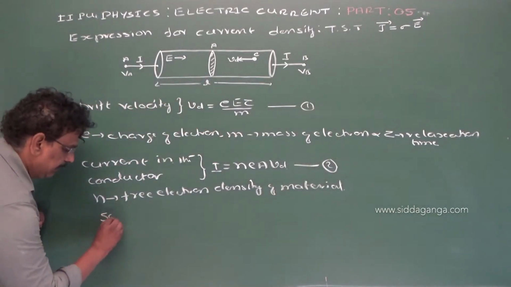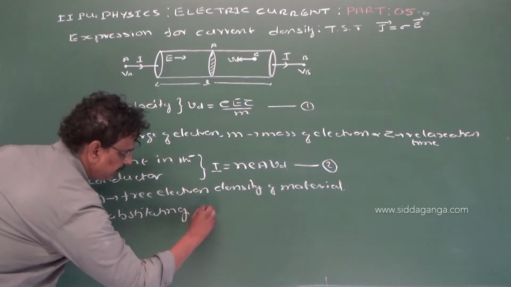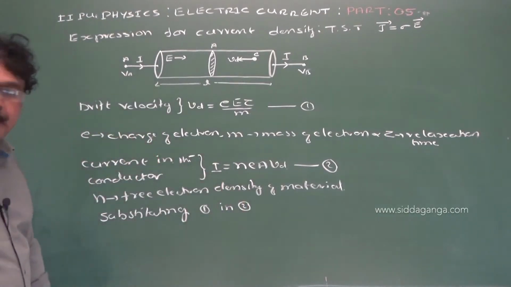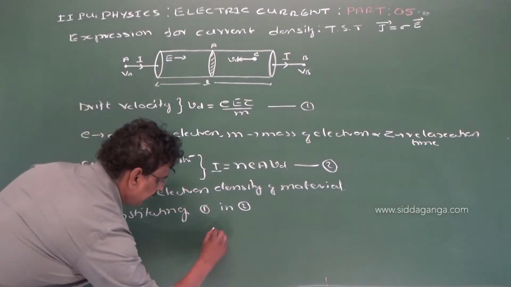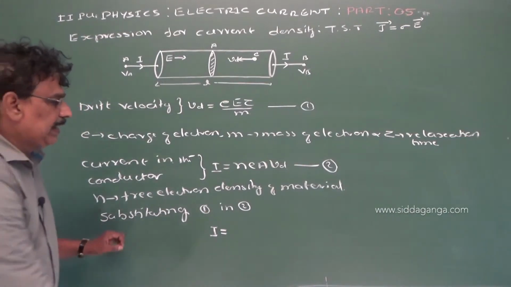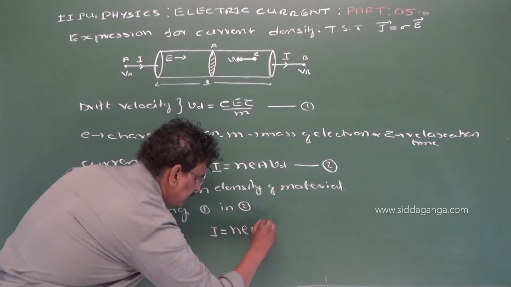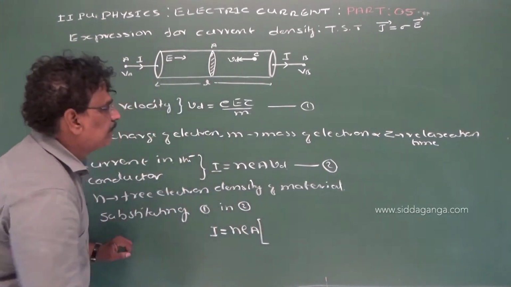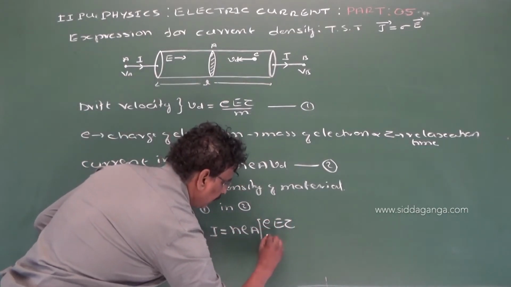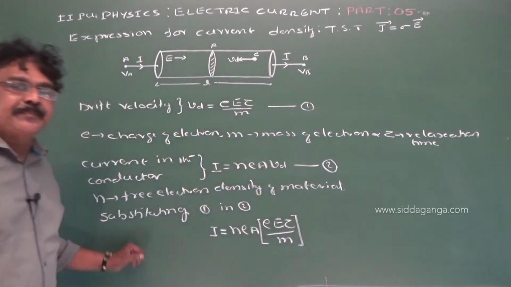Now, substituting equation 1 in equation 2, we get I is equal to n e A, substituting for drift velocity, which is e tau by m.